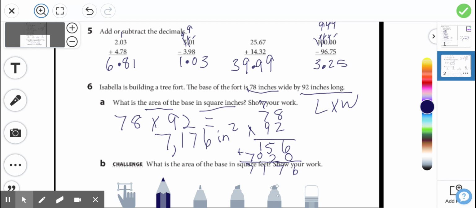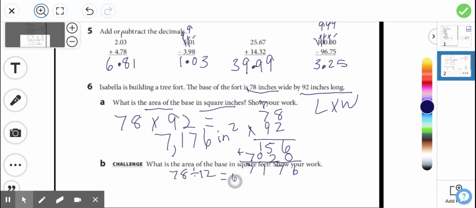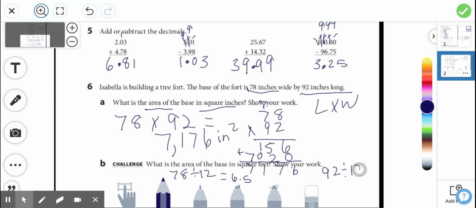Challenge problem, what is the area of the base in square feet? So you take 78 divided by 12, which gives you 6.5. You take 92 divided by 12, which gives you 7.7.